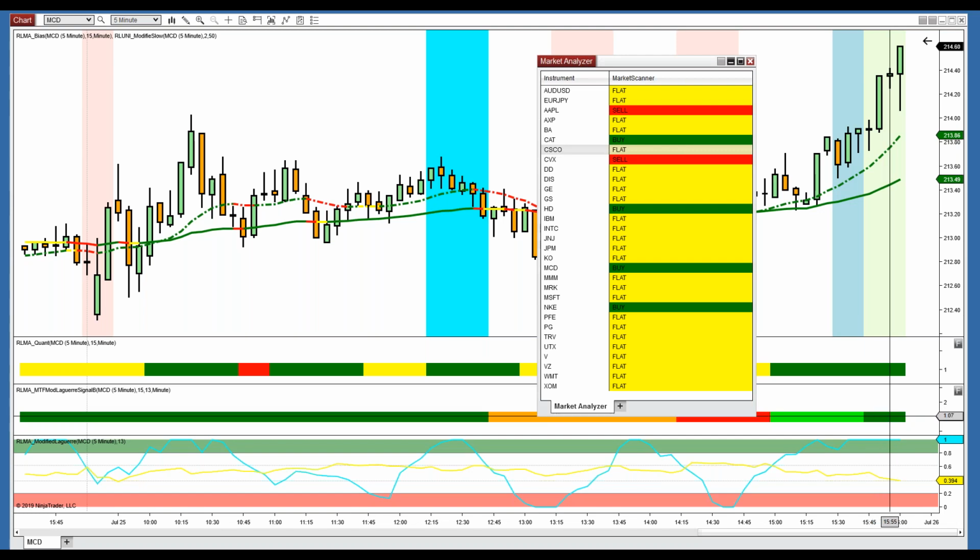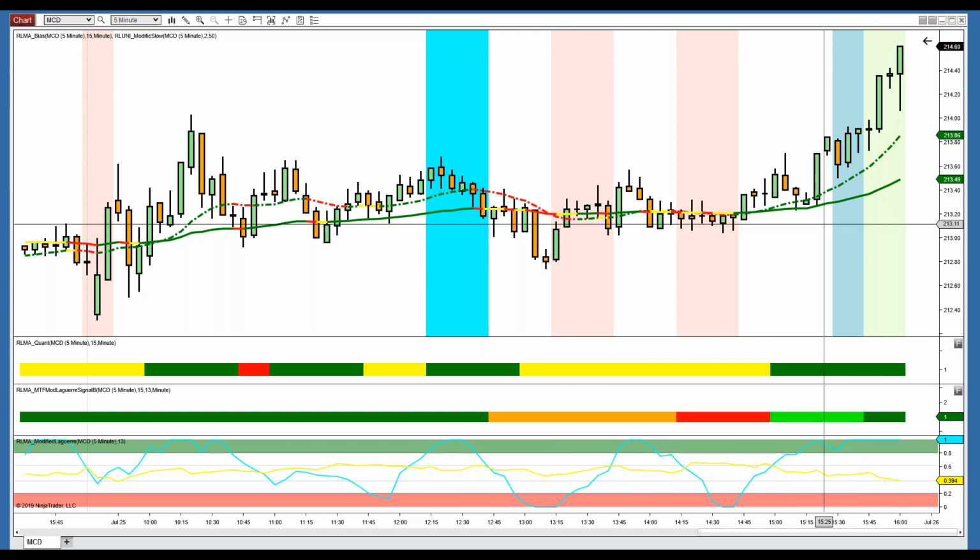The Laguerre is made to create a momentum analysis, and this dark green tells you that on the 15-minute and the 45-minute, the Laguerre is locked to the top of the chart, and what you've got is tremendous buying pressure.